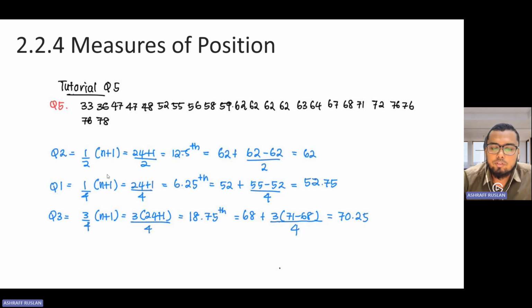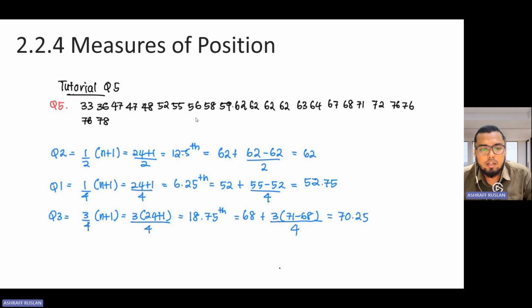Okay. Untuk first quartile, remember it is actually a quarter. So 1/4, 24 plus 1 divided by 4. Okay, this one adalah formula ni, tersambung je. The position is actually 6.25. So position ke-6 berapa nilainya? 52. Okay, but we need another 0.25 after 52.